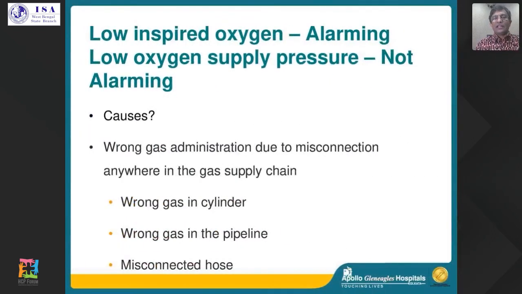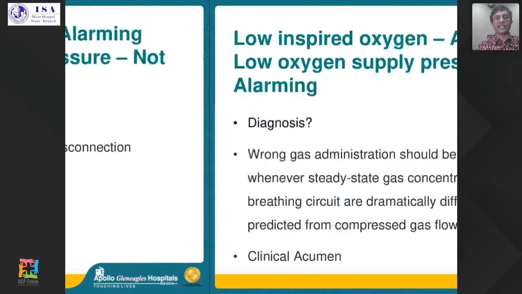The cause, in this scenario, is that the supply pressure is showing normal, but the FiO2 analyzer is alarming as low. It is wrong administration due to a misconnection anywhere in the gas supply chain, whether it is a wrong gas in the cylinder, a wrong gas in the pipeline, or a misconnected hose. So it has got interconnections changed.